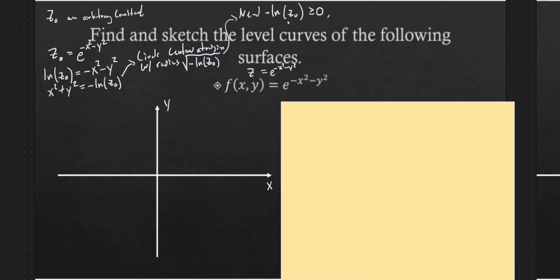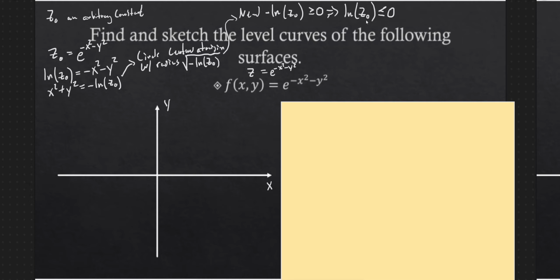Now, remembering how natural log works, how do we get negatives out of natural log? If I multiply both sides by negative 1, this tells me natural log of z naught needs to be less than or equal to 0. What values of z naught give me that?